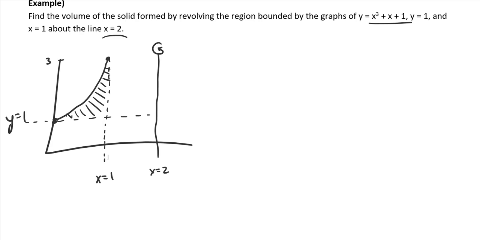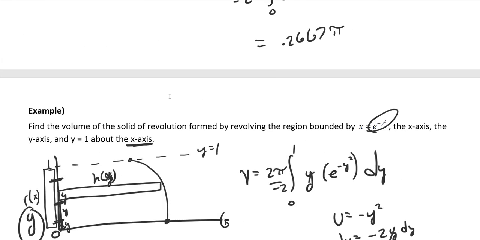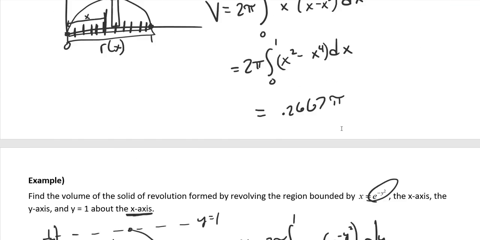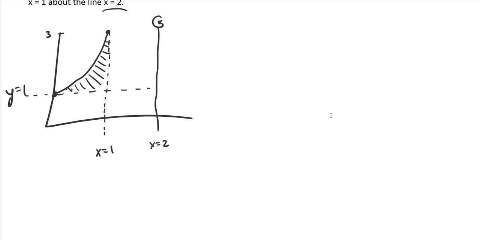All right, so what I have to do is this. Because x equals 2 is a vertical line, and I'm rotating around a vertical line. Not very smart today. Sorry. This is what I'm going to do. So the vertical axis of revolution, this is how I'm going to approach it right here. So I have the h of x, which is our vertical height, and our r of x, which is our horizontal radius. Okay. So I have my h of x, which is right in here.